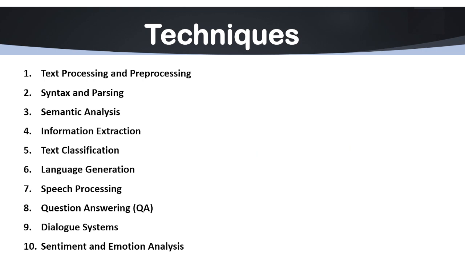Next technique we have is speech processing. So under this speech processing, basically it bridges the gap between spoken language and text. The first technique under this we have is speech recognition.